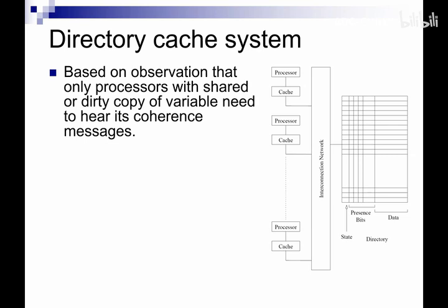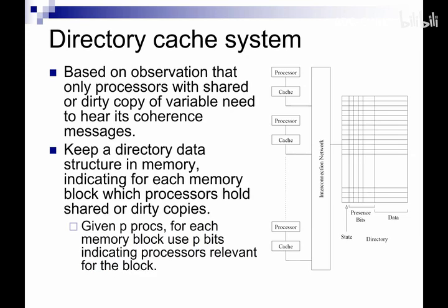The way you know which processes have a shared or dirty copy is by storing these processes in a directory type structure. If you look at the system, we have a bunch of processes with caches, and they talk through a network. Furthermore, you have this directory data structure, which is going to store which processes have copies of each variable.